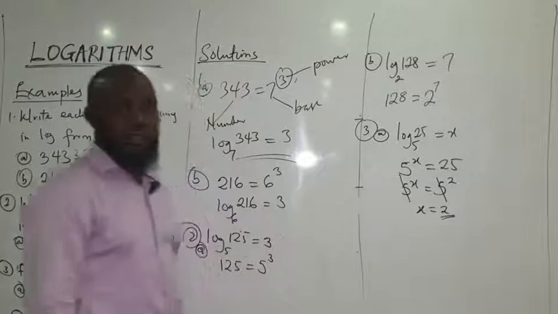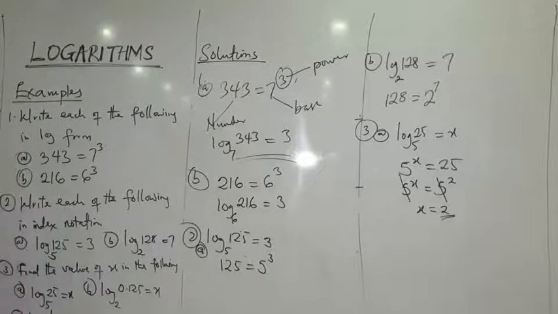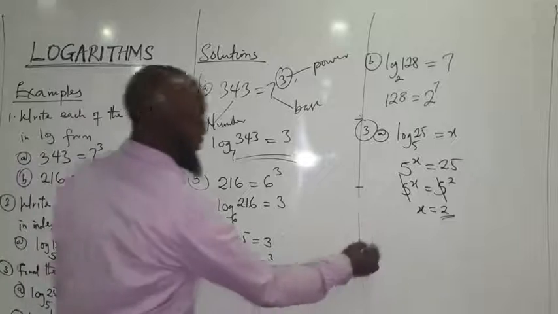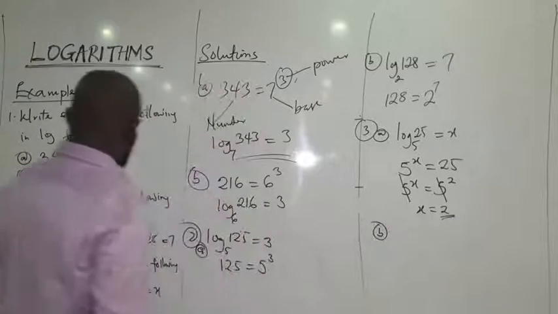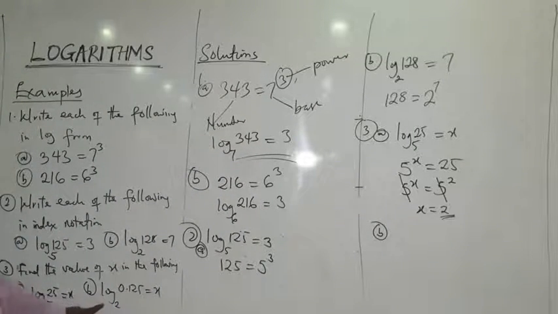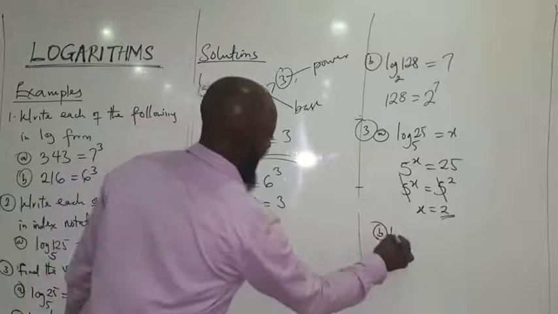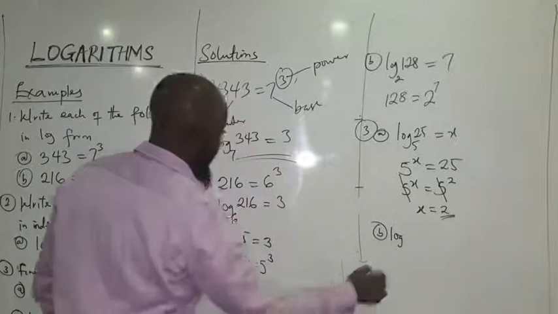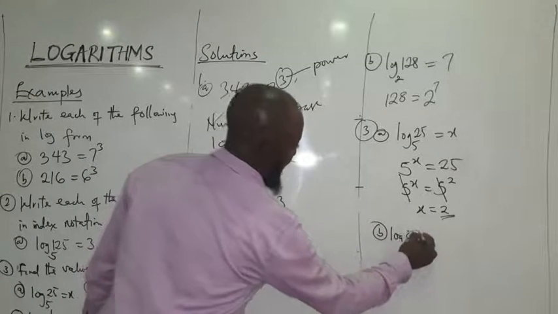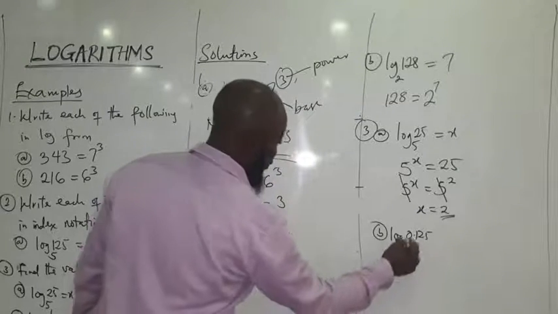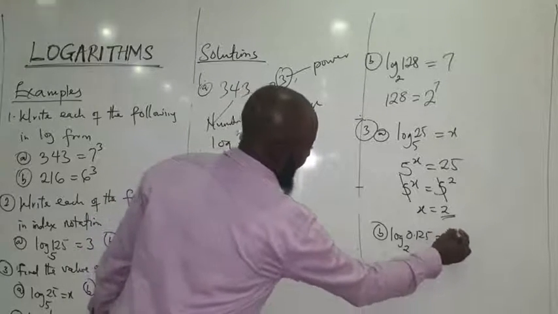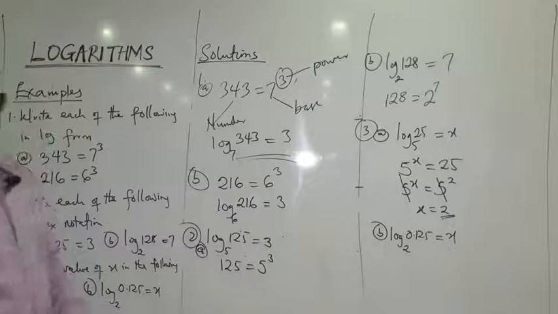That's the value of x. I hope this is very clear. B, we have log 0.125 to base 2 equals x. Let me solve it here.